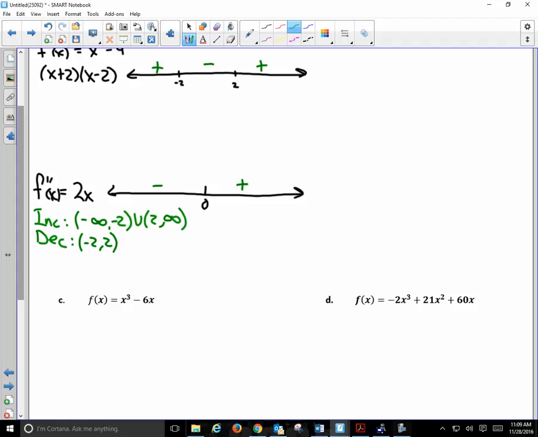If I want to talk about concavity, concave up and concave down, which derivative do I look at there? Second derivative. So I'm concave up from 0 to infinity and concave down from negative infinity to 0.